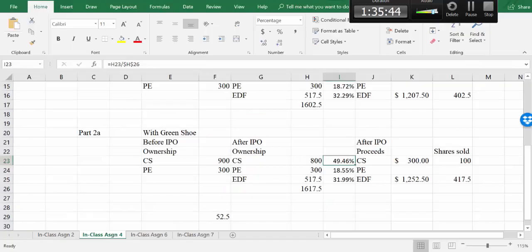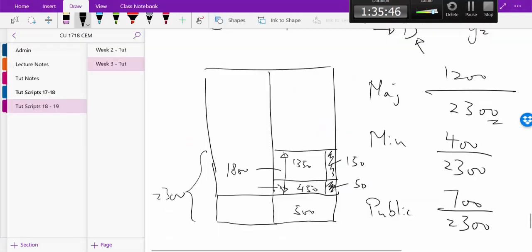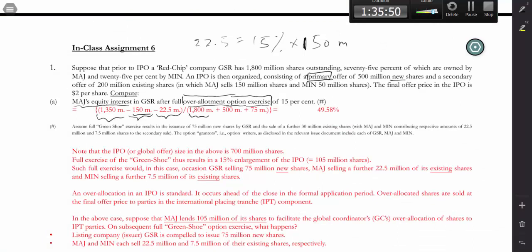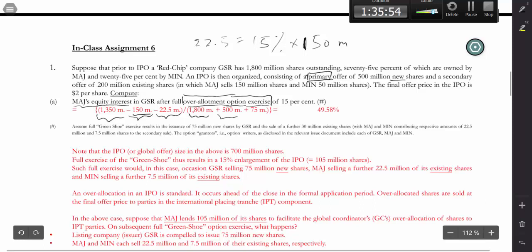I massively simplified things in my notes because I didn't think of the green shoe, but the question is more testing than that. So you add this, you add that, and then you add this. This is the green shoe, this is the over allocation on the entire amount of new shares.